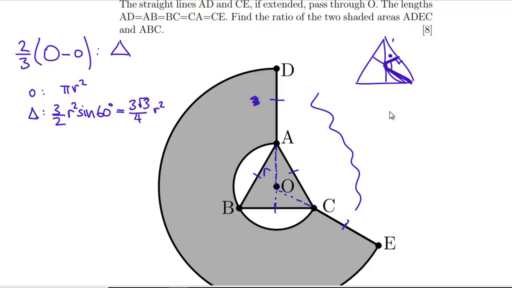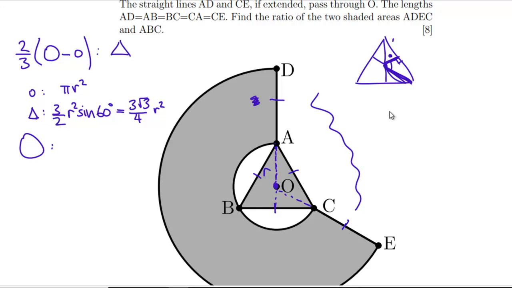Now we need the big circle. So the area of the large circle, we need the radius of it. We know we've got r, and then we need the length of AD. The length of AD is twice that r sine 60 thing, isn't it? So yes, that's fine.